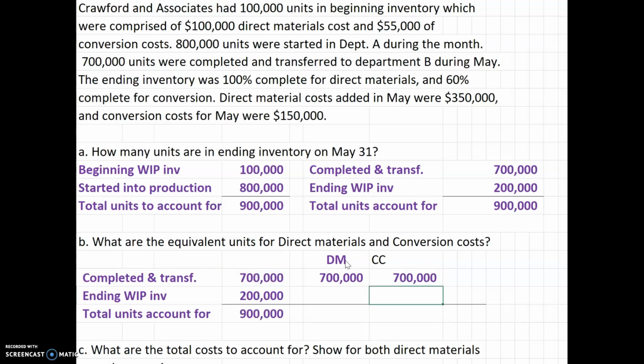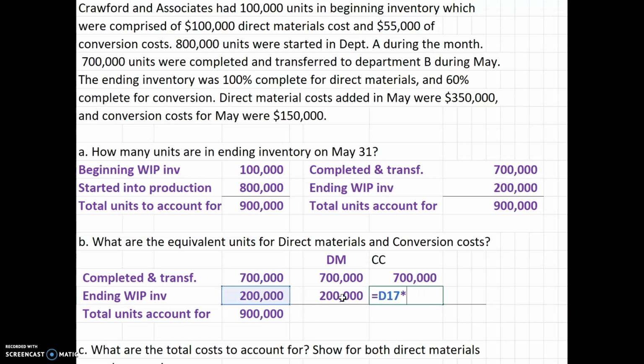The ending work in process is not all the way done. So we have to look at the percentage of completion for direct materials, percentage of completion for conversion costs. So they say the ending inventory was 100% complete for direct materials. That must mean that the materials were added at the beginning of the period. So we've got 200,000 equivalent units for direct materials in our ending work in process.